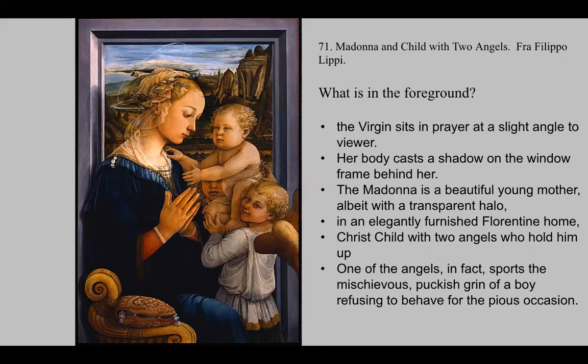The puck, of course, is an allusion to Shakespeare, this mischievous little sprite who is refusing to behave in this pious sort of setting. This mischievousness is tongue-in-cheek. This would be a courtly piece rather than a super religious piece. So that connection with patrons again.